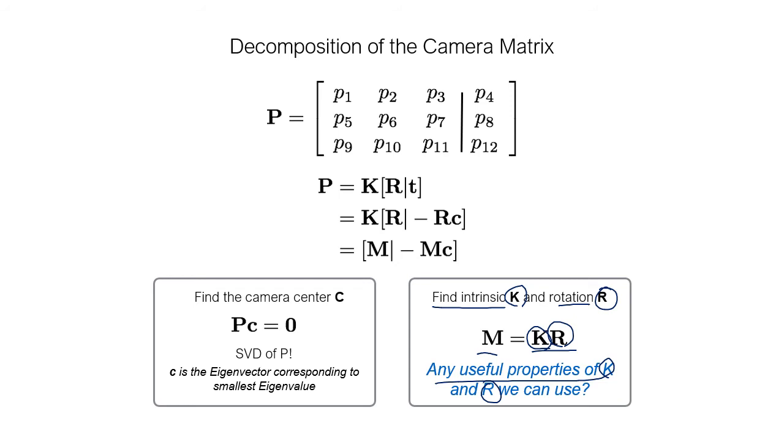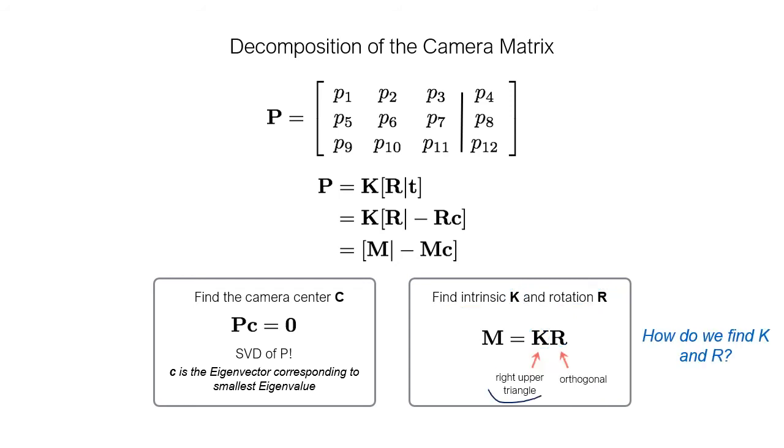Maybe you know K is right upper triangular. So K is a 3 by 3 matrix, but only the right upper triangular values are non-zero, and the other values are 0, right? So these 6 values are non-zero, but these 3 values are 0. So we call it a right upper triangular matrix. So K satisfies this constraint.